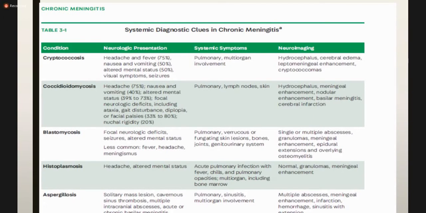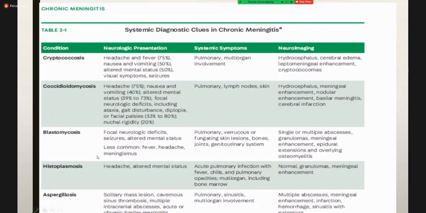Systemic involvement could be of the lungs and other multi-organ involvement. In neuroimaging, you can find hydrocephalus, cerebral edema, leptomeningeal enhancement, and cryptococcomas. This is all about cryptococcosis with systemic involvement and neurological presentation, and it's a possibility that your patient has chronic meningitis because of cryptococcosis.